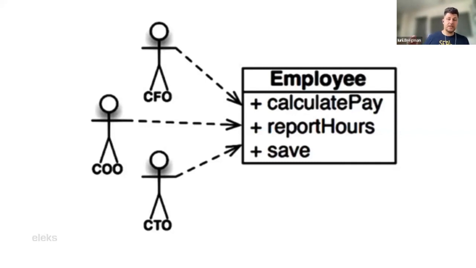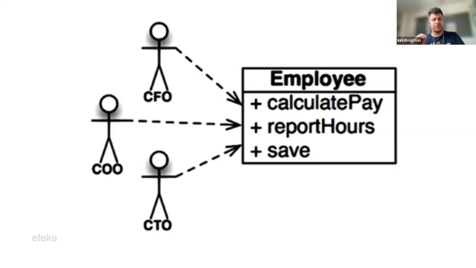By putting the source code of these three methods in a single Employee class, the developers have coupled each of these actors to each other. This coupling can cause the CFO team to affect something that the COO team depends on.